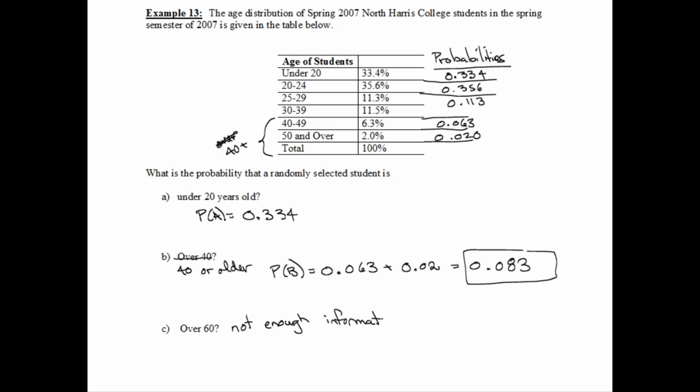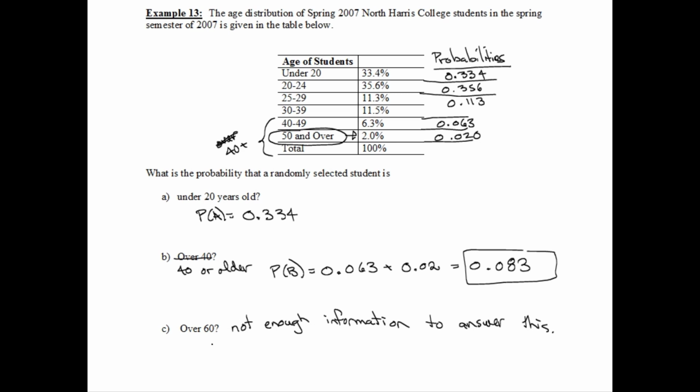However, we can get an idea. Is it possible that 30% of the students are over 60? No, because if we look at the 50 and over category, we know that only 2% of them are 50 and over.